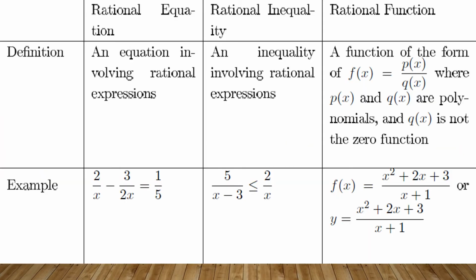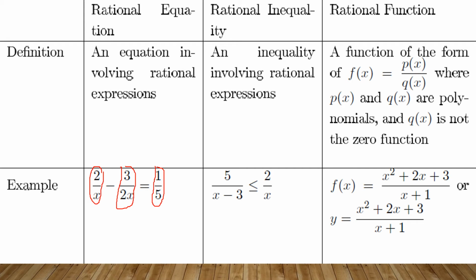To give you the difference between a rational equation, rational inequality, and rational function. Now, try to look at this rational equation. It is an equation, it has an equal sign that involves rational expression. So this one here, 2 over x, 3 over 2x, also 1 over 5, those are rational expressions.